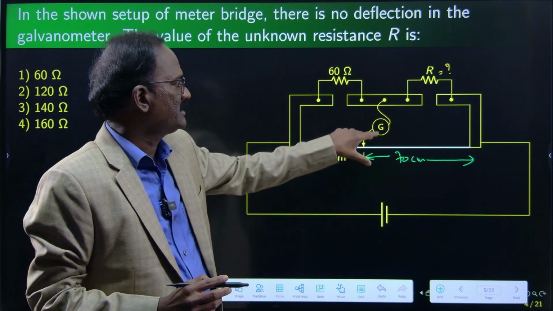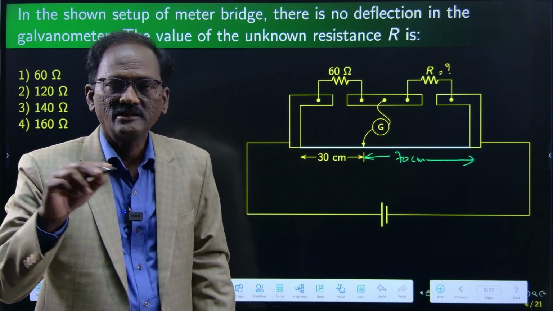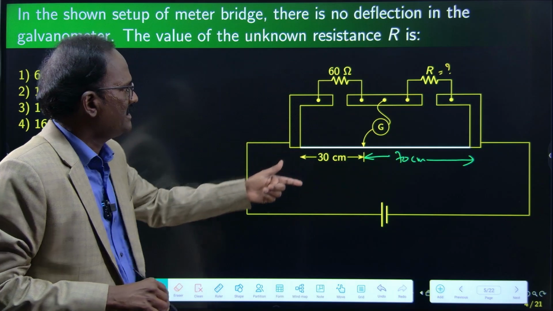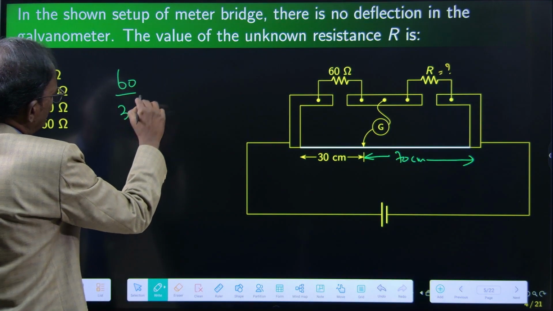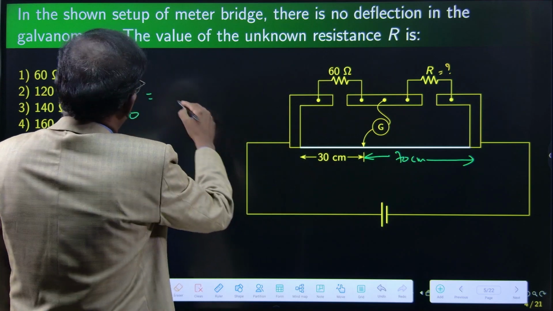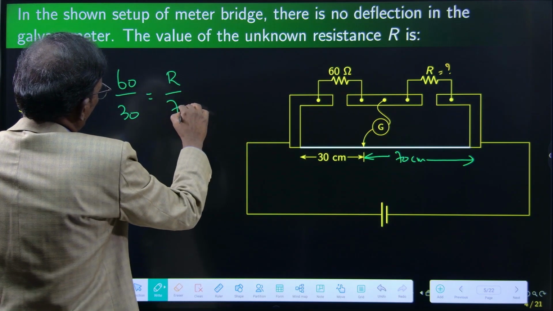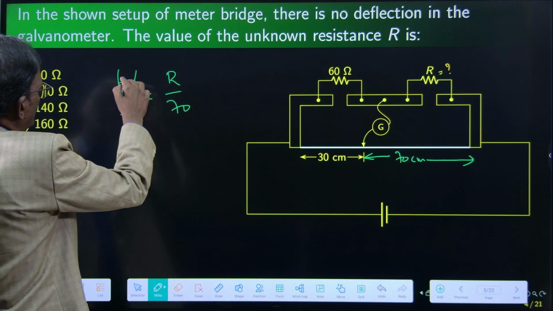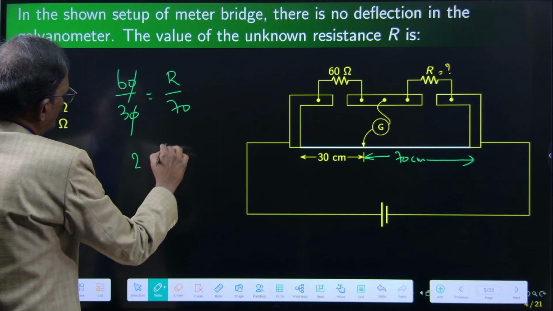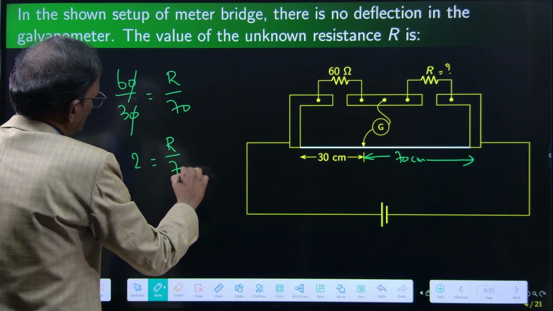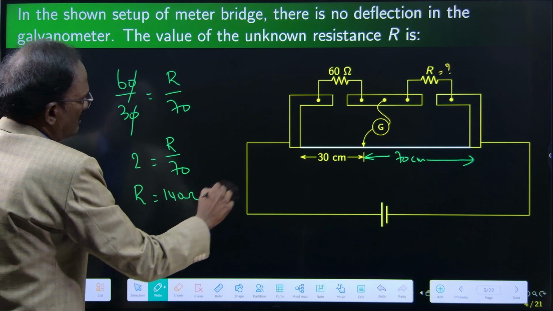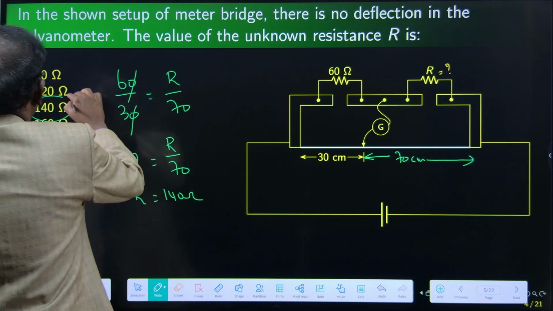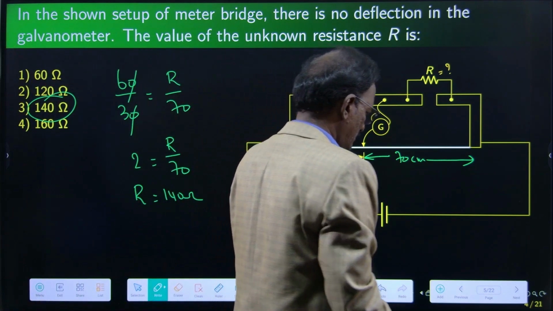At this position the galvanometer shows 0 deflection. So we can write 60 by 30 equals R by 70. Cancel the 0, 6 by 3 is 2. So 2 is equal to R by 70, R is equal to 2 into 70, 140 ohms. Option 3.